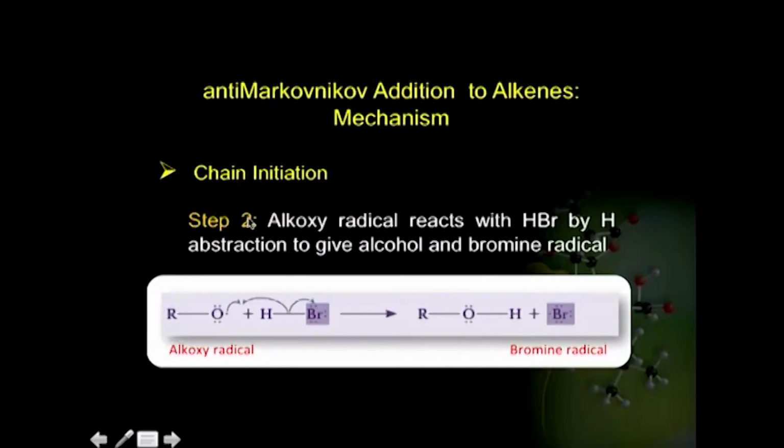Then comes the second step of this reaction, where the alkoxy radical reacts with HBr by hydrogen abstraction to give alcohol and bromine radical. So, this alkoxy radical will take this proton, and HBr also undergoes a homolytic fission. As a result, we get the formation of the bromine radical, which is the one required for the reaction further.